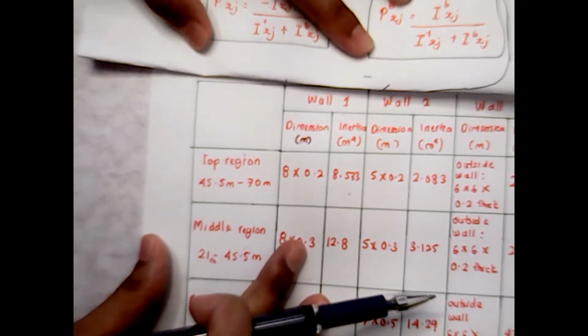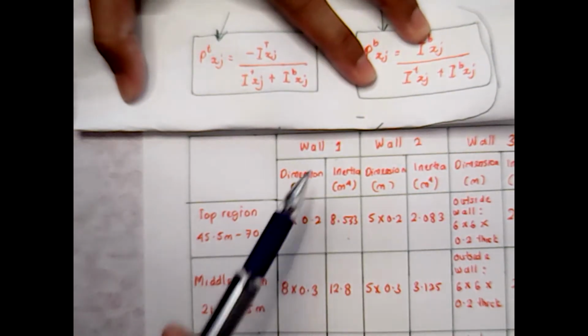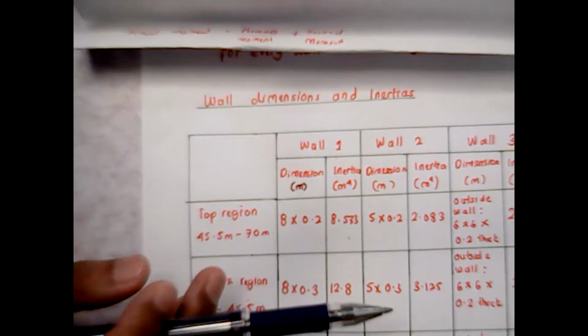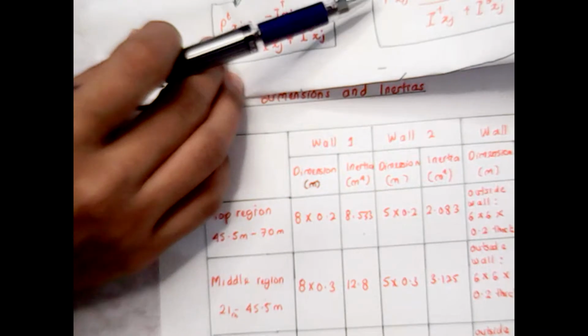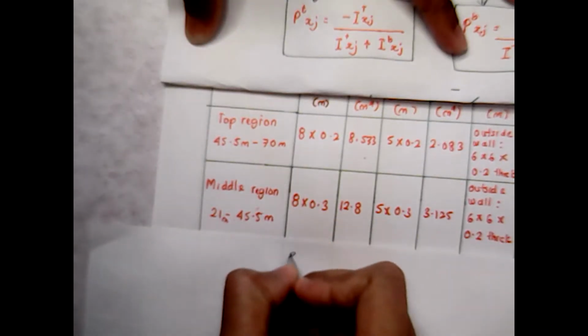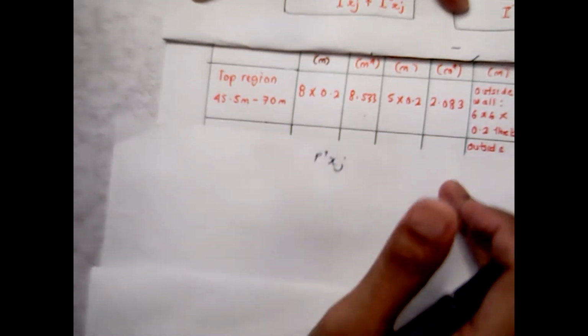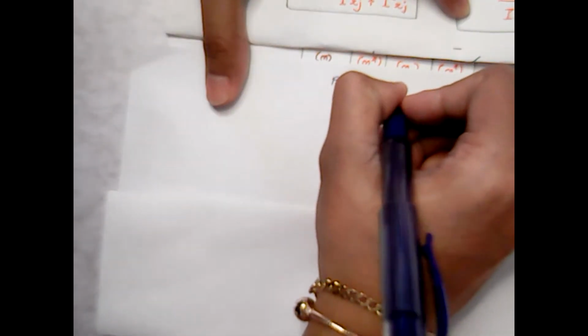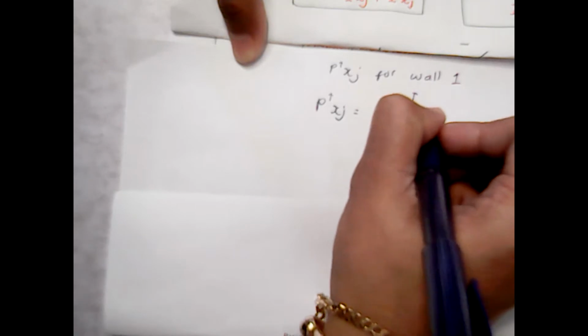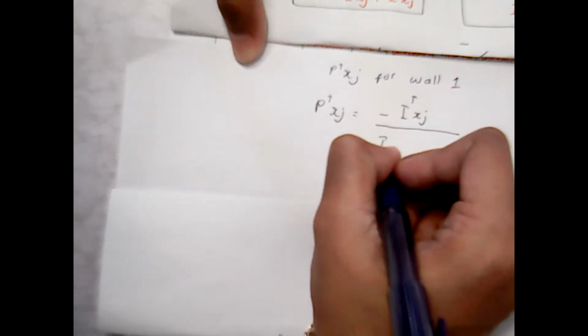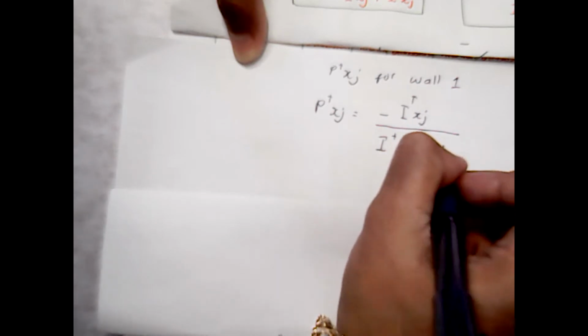Okay, so you are now actually calculating for wall 1. So to calculate the ptxj for wall 1, ptxj is equivalent to negative second moment of area top xj divided by top xj plus I bottoms xj.